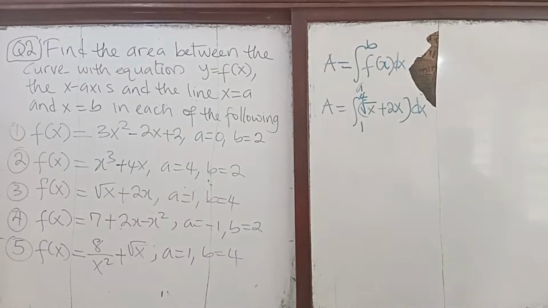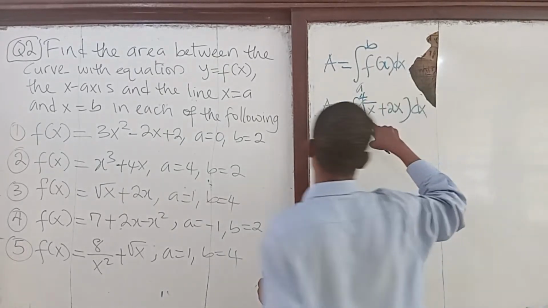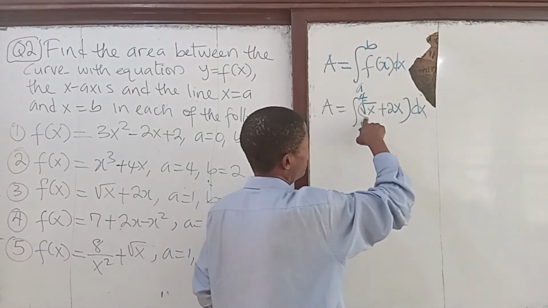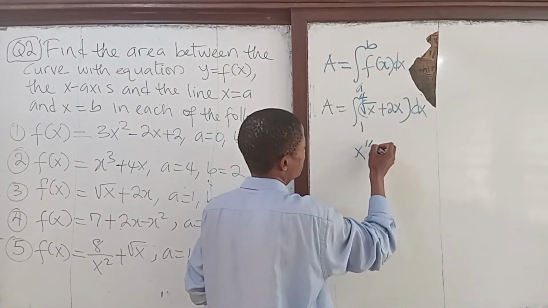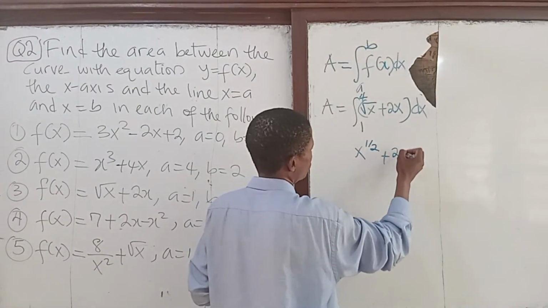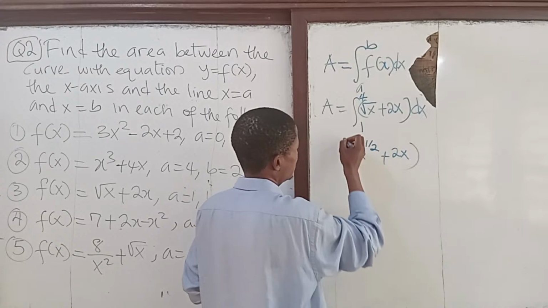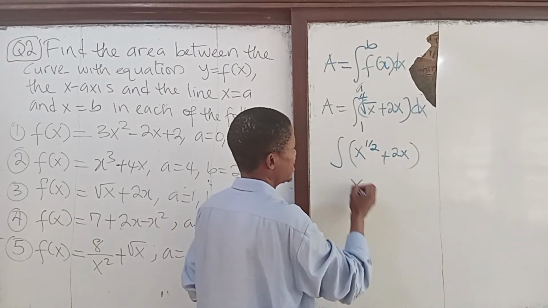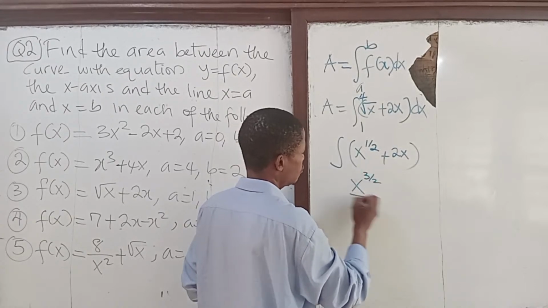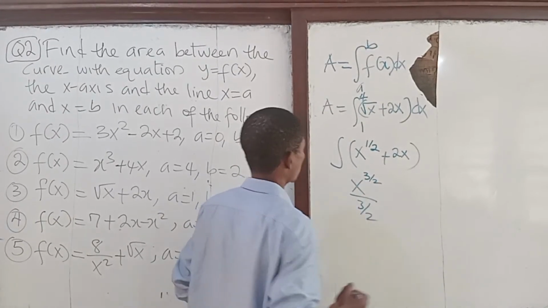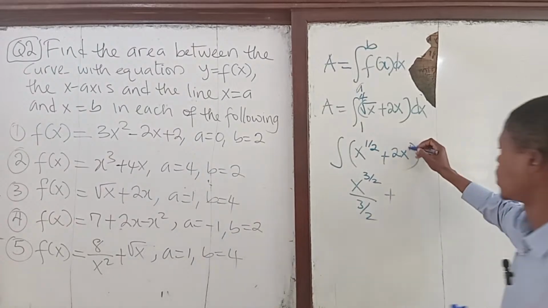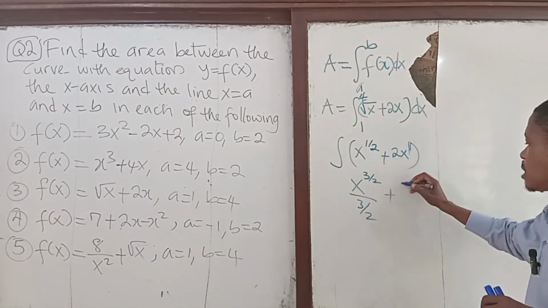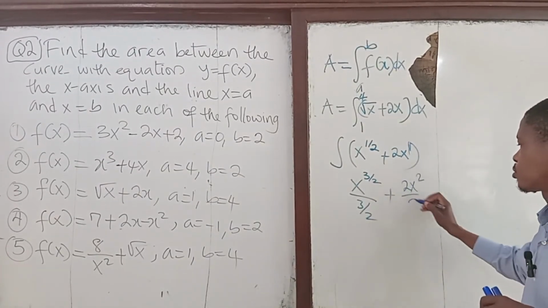Let's go on. This will be equal to, can you remove these radicals? That will be x to the power half plus 2x. Then I can now begin to integrate. Half plus 1 is 3 over 2, over 3 over 2. Plus, this is power 1, so plus 1, that's 2x squared over 2.